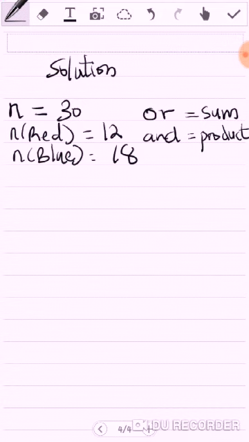So the first question was, what is the probability that they are all red? So probability that the ones chosen, let me make it a random variable x, are all red.